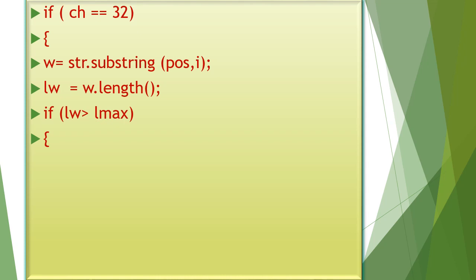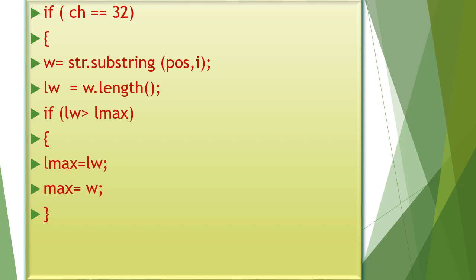If lw is greater than lmax, if the condition is true, then lmax equals lw and max equals w. Max is the variable for storing the longest word, and lmax is the variable for storing the length of the longest word.